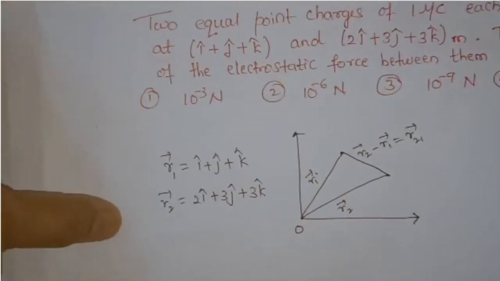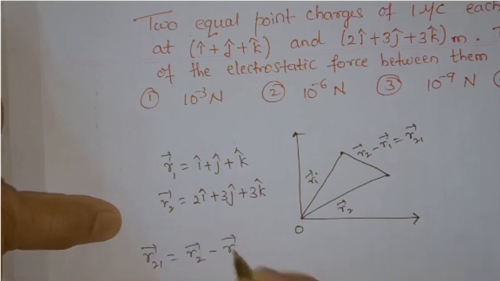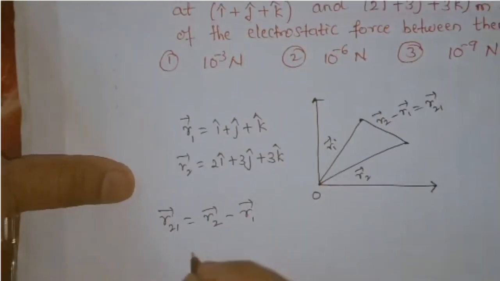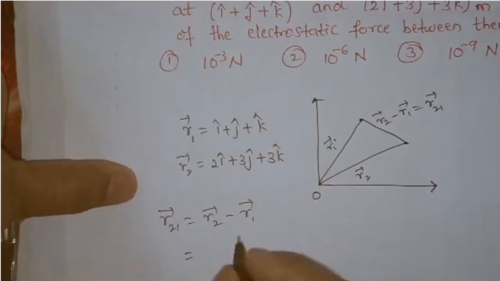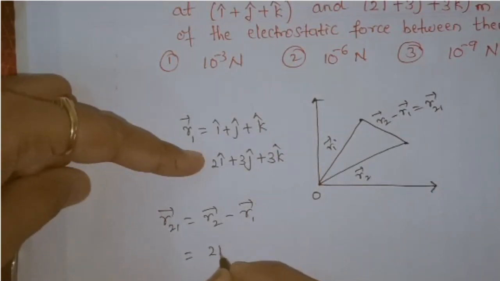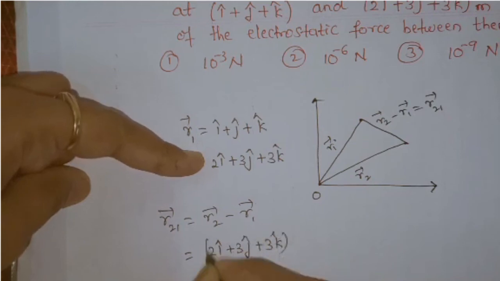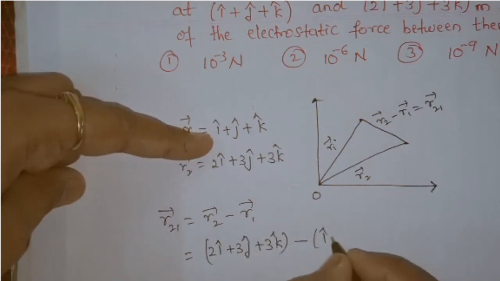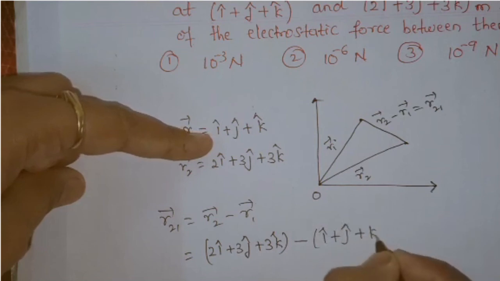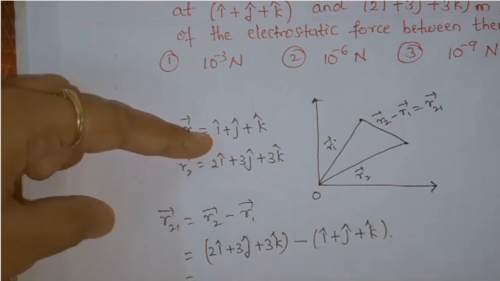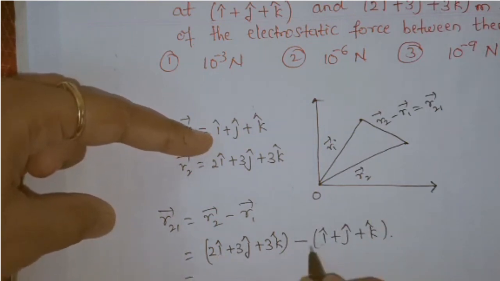Correct? Now can we find R2 minus R1? So R21 vector equals R2 vector minus R1 vector. Subtract them, what do you get? R2 is 2 i cap plus 3 j cap plus 3 k cap, minus i cap plus j cap plus k cap, right?